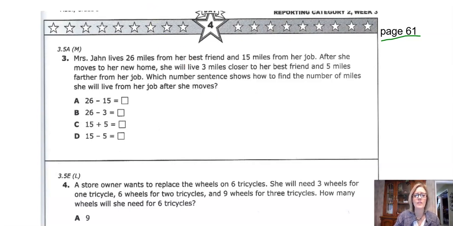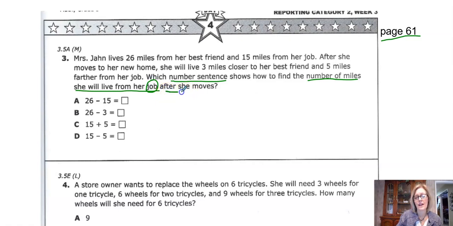So what I want to do is make sure that I understand the question. So I'm going to concentrate on the sentence with the question mark. And it says, which number sentence, and I notice that we have a lot of number sentences over here, shows how to find the number of miles she will live from her job after she moves.